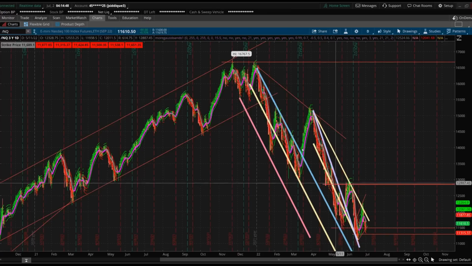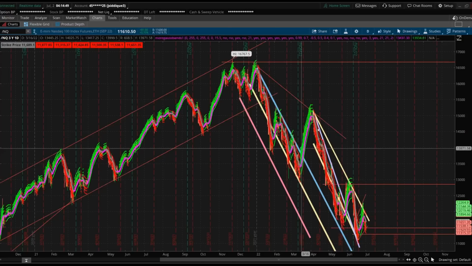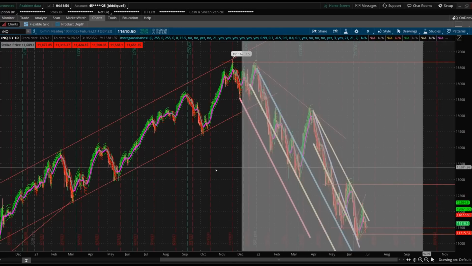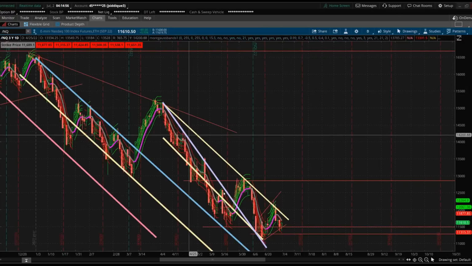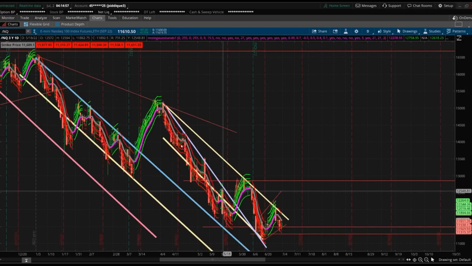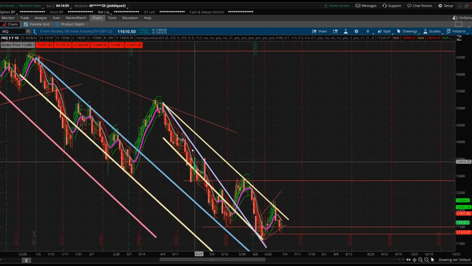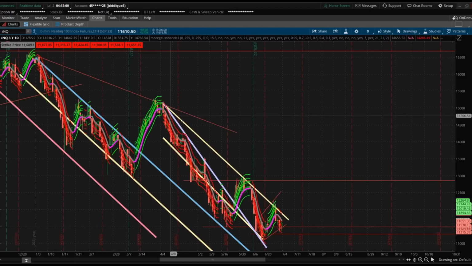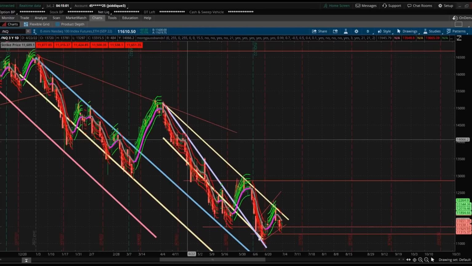I also think within this new channel, we have a line that's splitting it, this gray line right here. So again, the tops of this new channel here, this white and blue channel, the tops of this channel are split by this kind of 45-degree line.